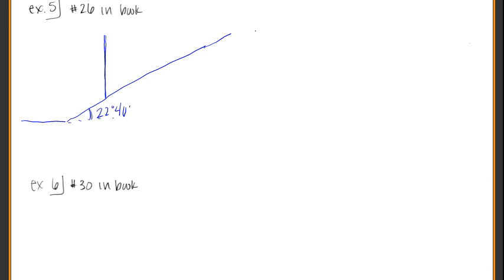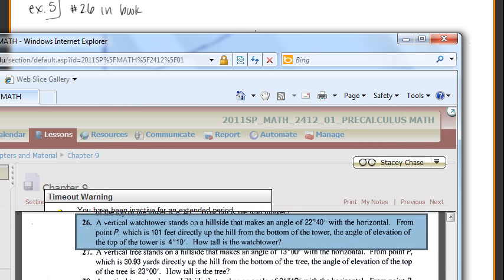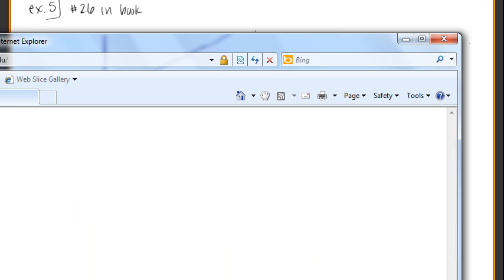Now here's the thing with point P. Let me bring up the problem so I can show you this. It says from point P, so if you put your finger on point P, the angle of elevation to the top of the tower is 4 degrees and 10 minutes.